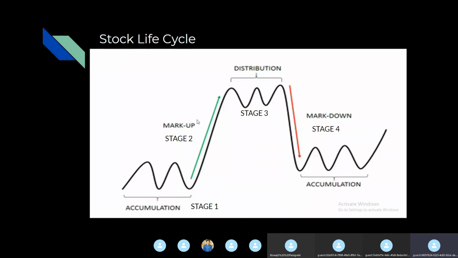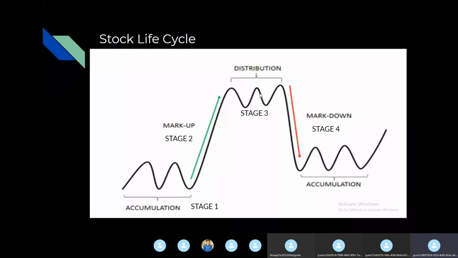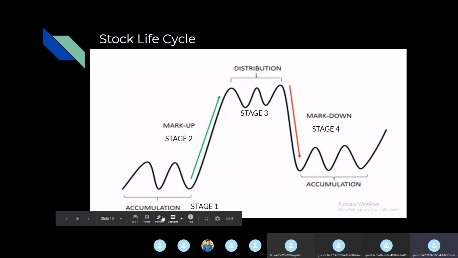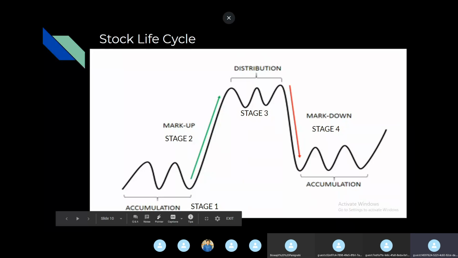Here we see stage 2 where the stock zoomed up. Here we see the distribution where the institutions sell their shares, and here it is stage 4. What happens next? Again we go to accumulation, again to stage 2 markup, again to distribution, again we came down. So this is the life cycle of a stock.